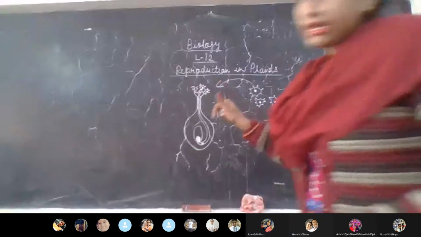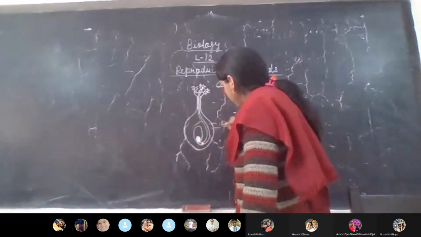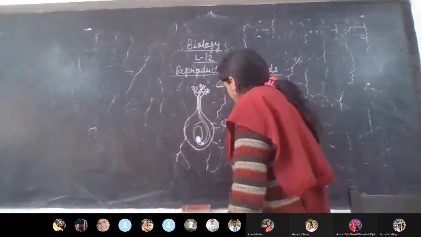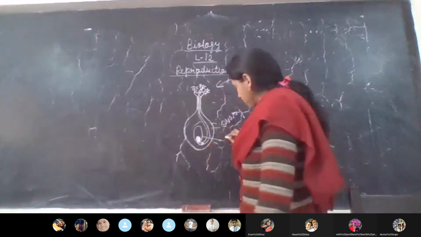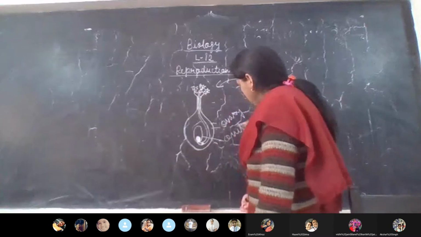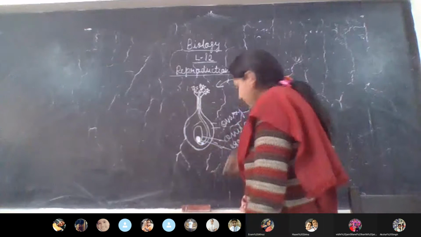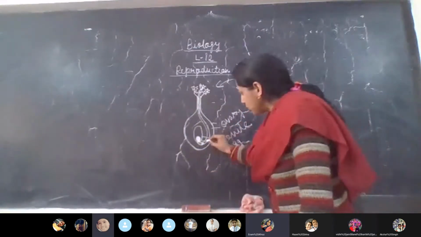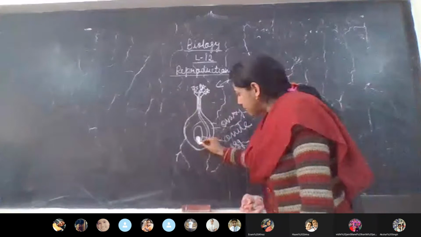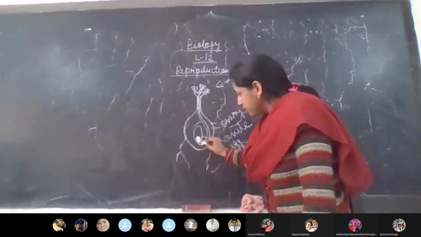So here inside the ovary, this is the ovule, and this is the egg cell. As the tube has reached here, this is going to fuse with this.